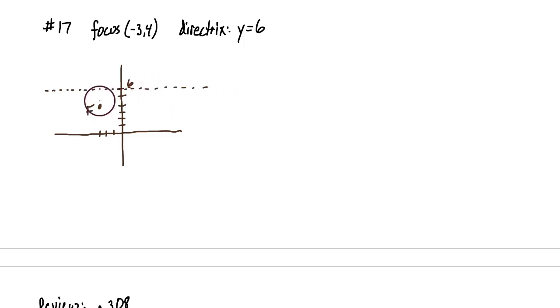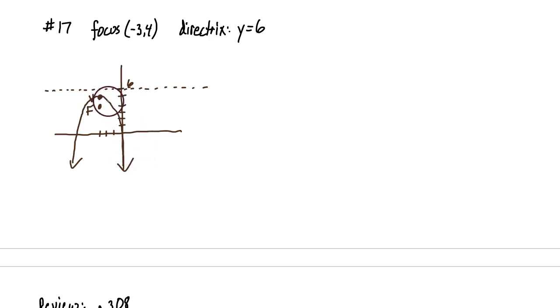Exactly halfway between the focus and the directrix is where the vertex dot is. We call that V for vertex. So our parabola is going to wrap around the focus, an angle away from the directrix line. It has this basic look to it.